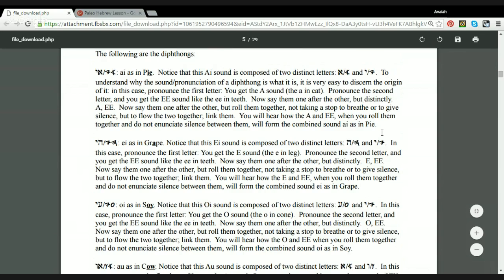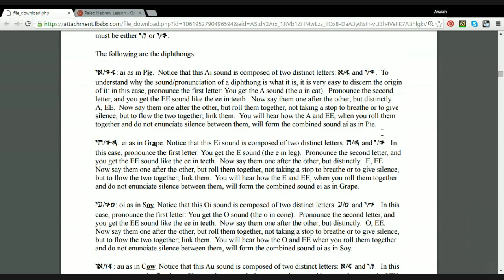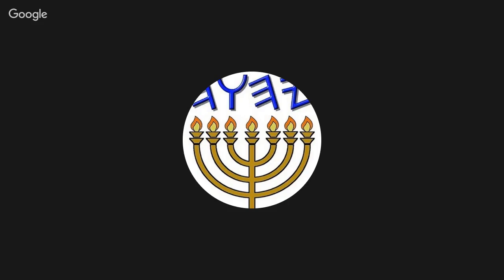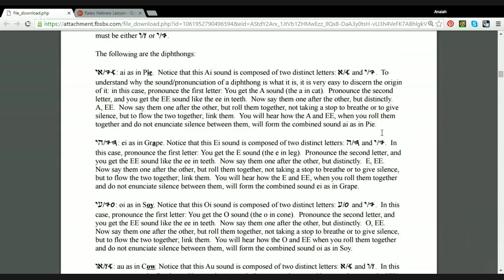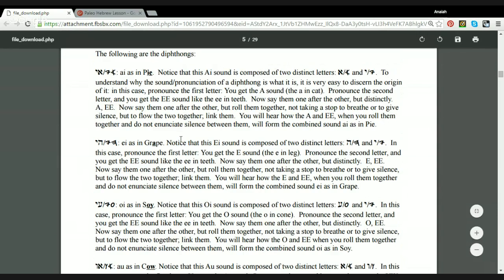E, E, A. So you see it comes to form the A sound, as in grape. So when you roll them together and do not enunciate silence between them, when you don't take a stop to breathe or give silence, but you flow the two together, it will form the combined sound EI as in grape.